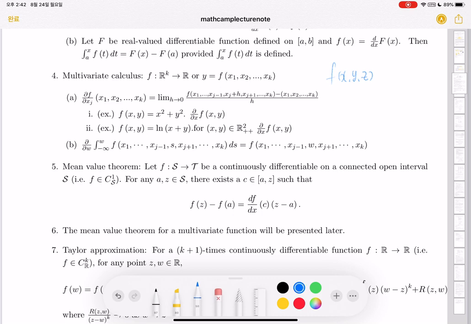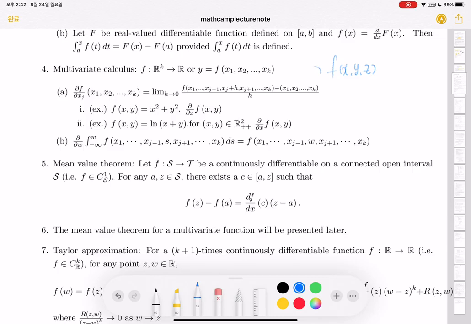Then you can think of three partial derivatives: partial f of x, y, z with respect to partial x, partial f of x, y, z with respect to partial y, partial f of x, y, z with respect to partial z. Okay. So in this notation, this j can run from 1 to k, and as you can see here, there's this missing f here.